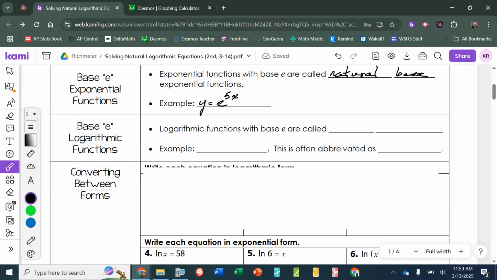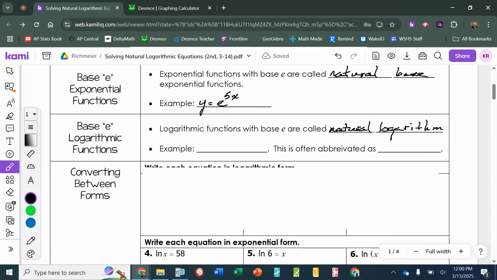What we really need to work from is what we call a logarithmic function with a base of e. If I have a log function with a base of e, this is called a natural logarithm. Up above, we called it a natural base exponential function. Here, we just call it a natural logarithm. This is any time I have a logarithmic function with a base of e.